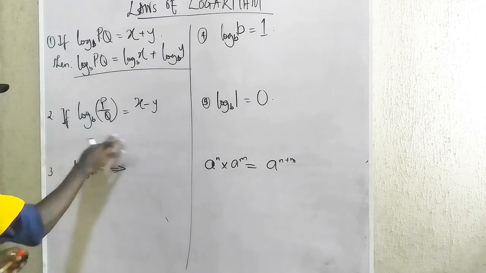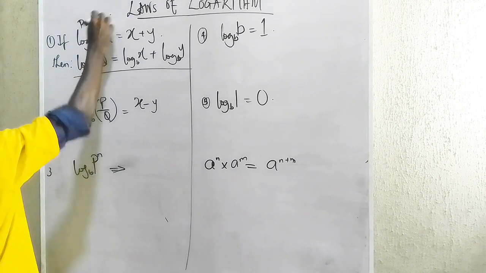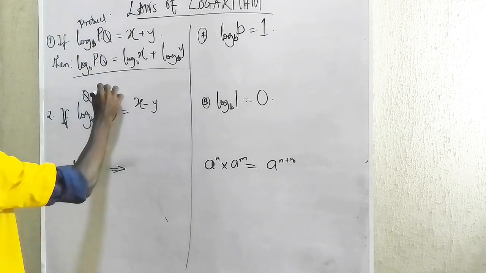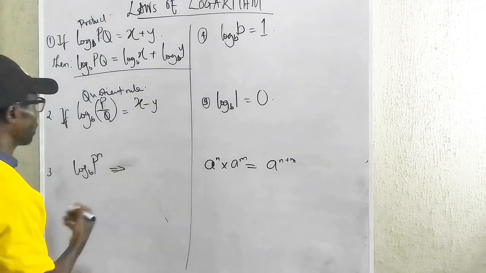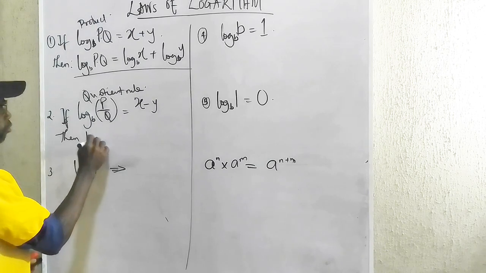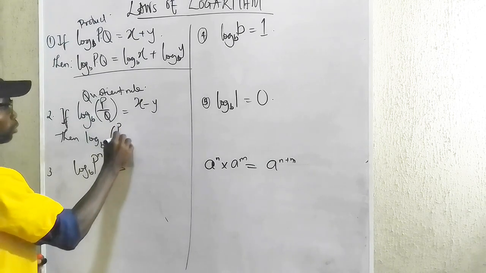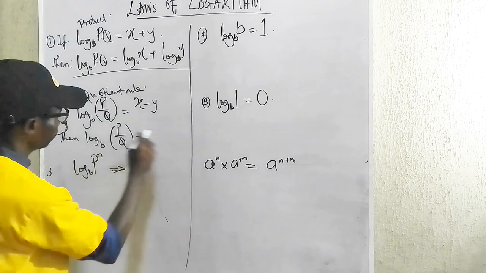Now the same thing applies here. This is the product rule. This is the quotient rule. In this case, see what happens. Log in base b of p over q will be what?